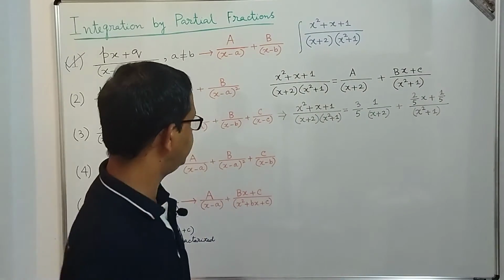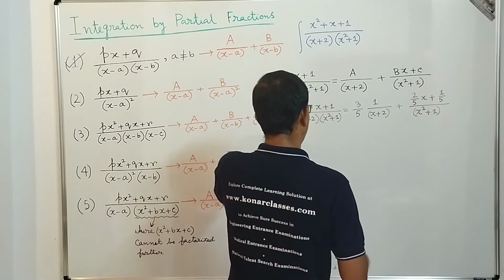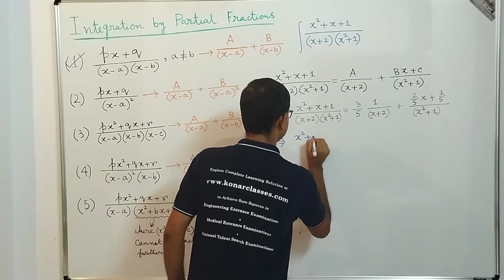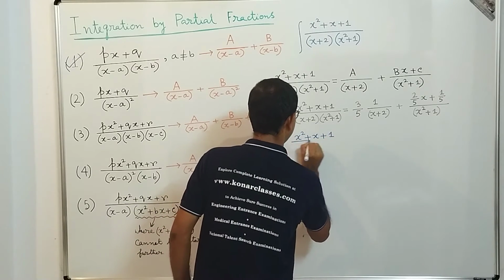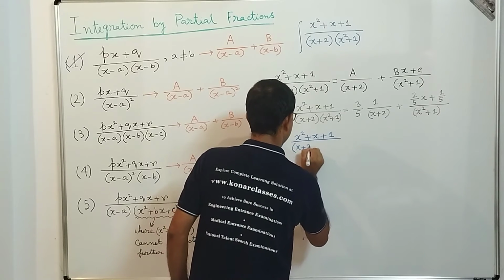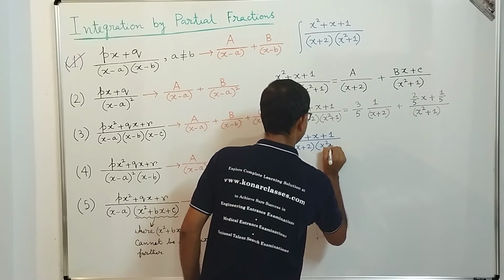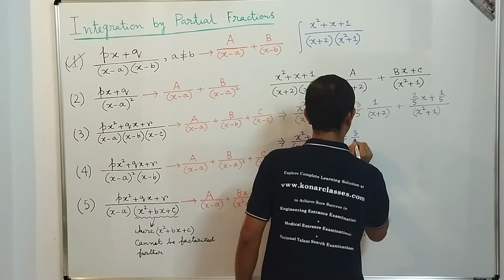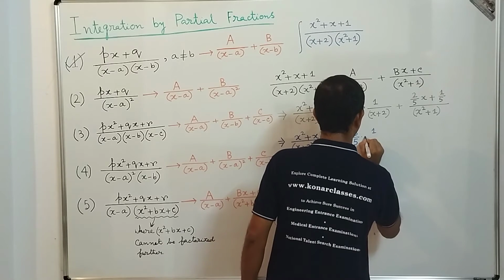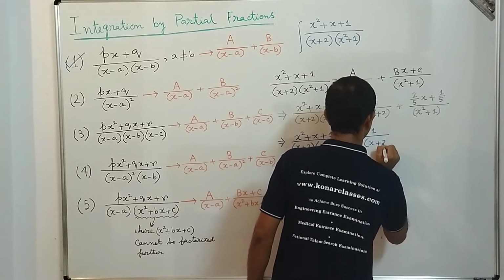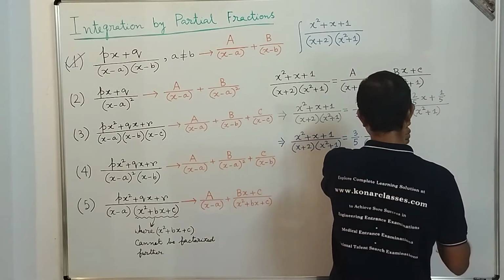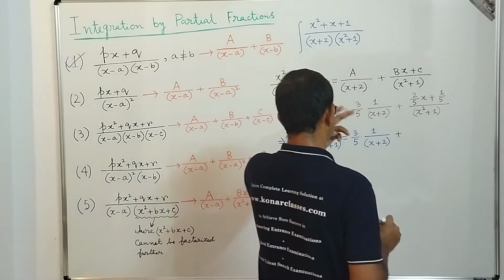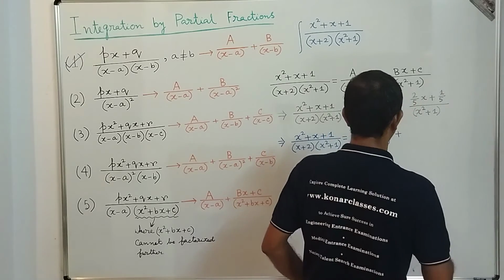So what we can get here, dear students? This implies x square plus x plus 1 divided by x plus 2 into x square plus 1 is equal to 3 by 5 into 1 by x plus 2, plus 2 by 5 into x.